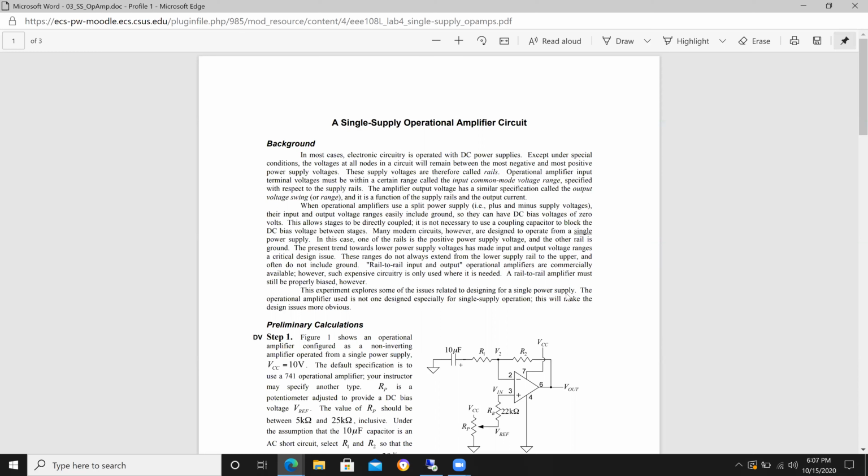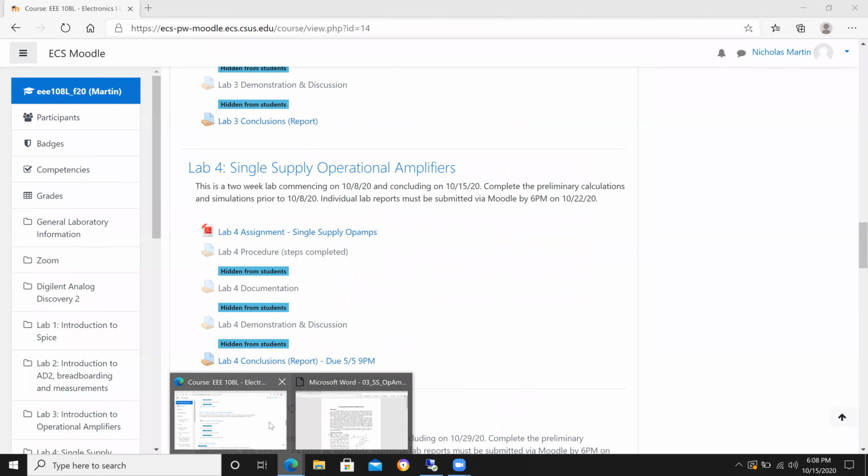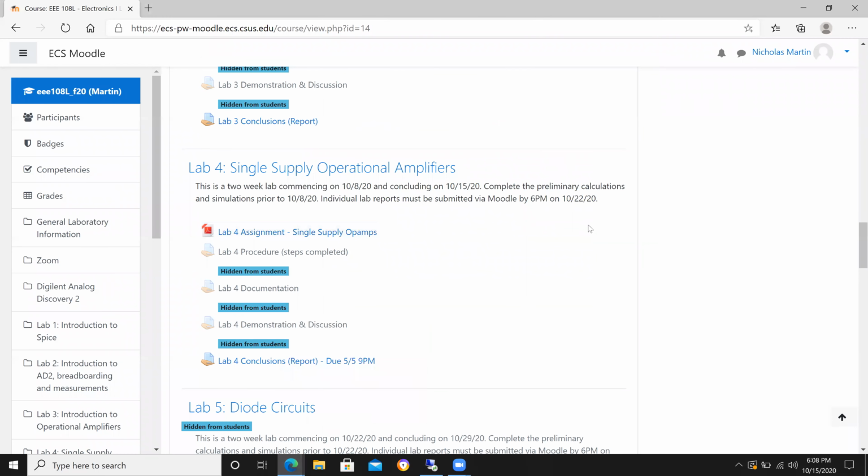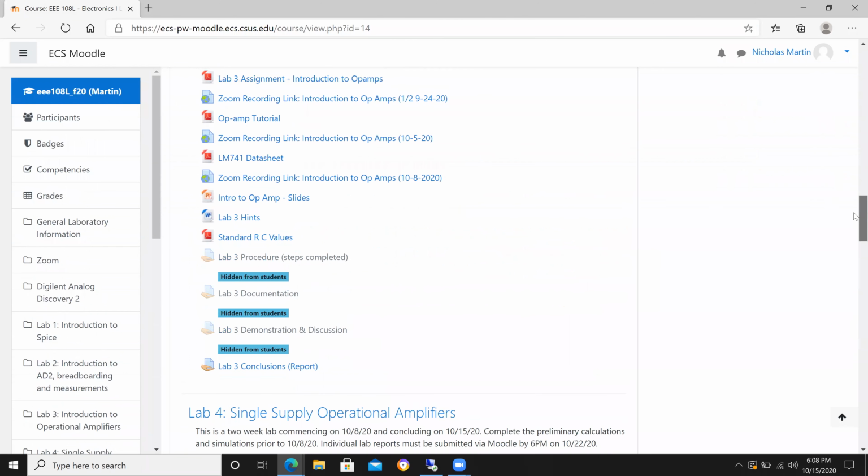The submission box isn't there. They're due this evening. Honestly though, so here's the deal. I'm telling everybody to get them turned in, and I'm going to go to the submission right now. So lab 3 conclusions report. First question is, does this show up? Can you see this on your middle page?